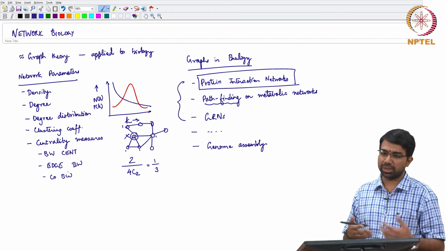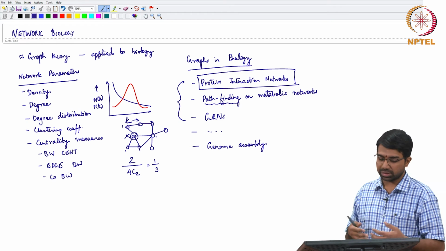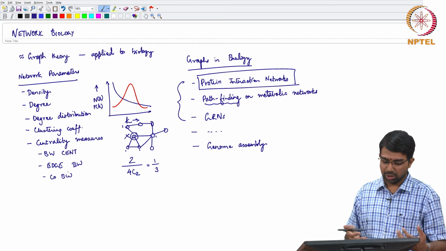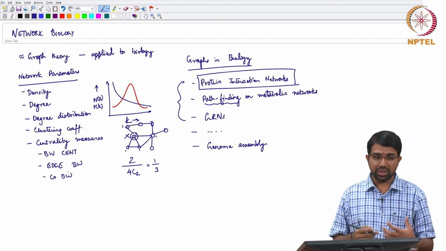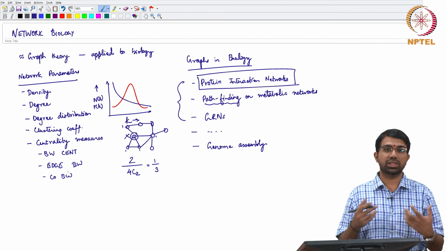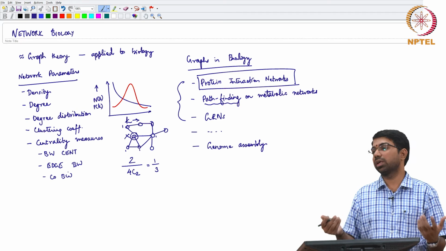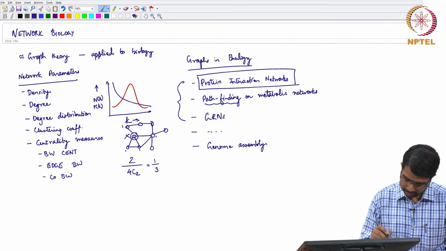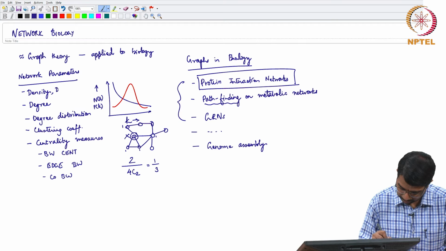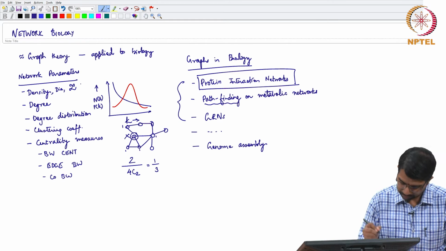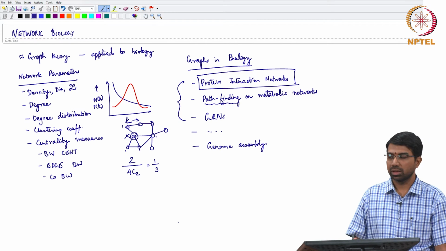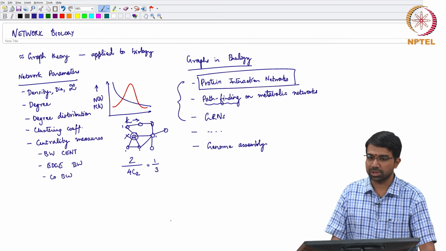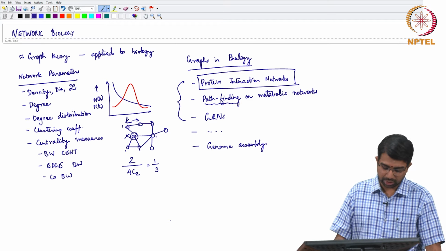Some of these are node properties, some of these are edge properties, some of these are network properties. You can also study network averages, network average clustering coefficient, diameter is already a network property. So, maybe I will say density, diameter, characteristic path length. Characteristic path length is average separation between a pair of nodes in the network.